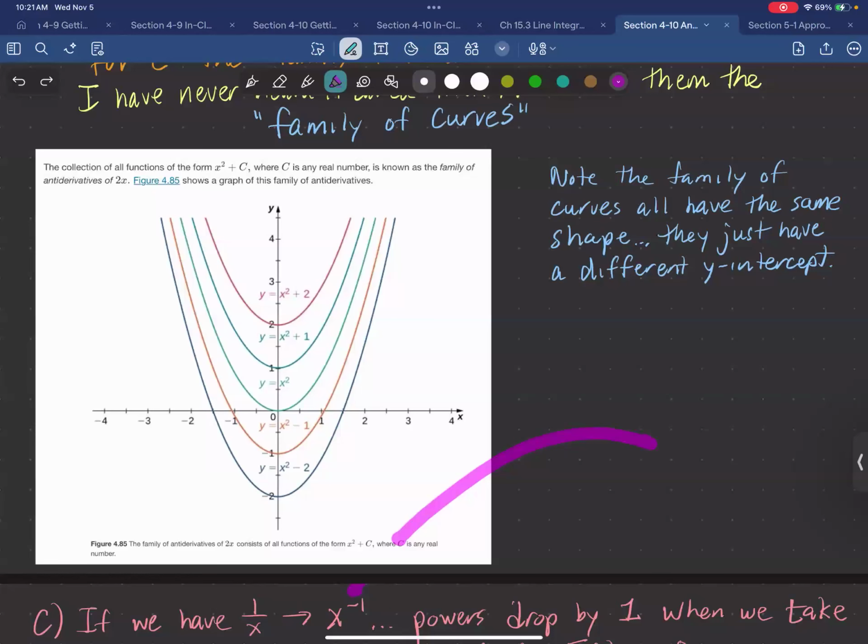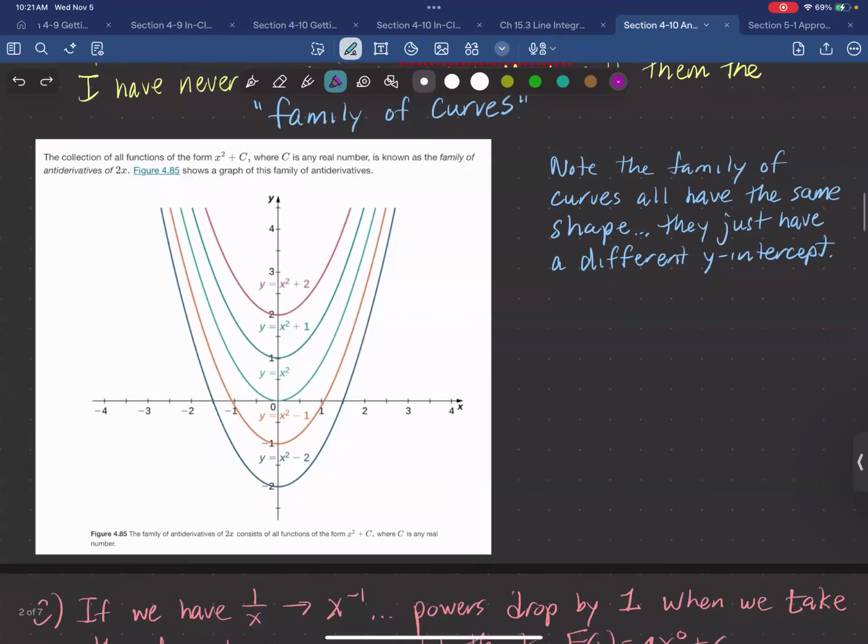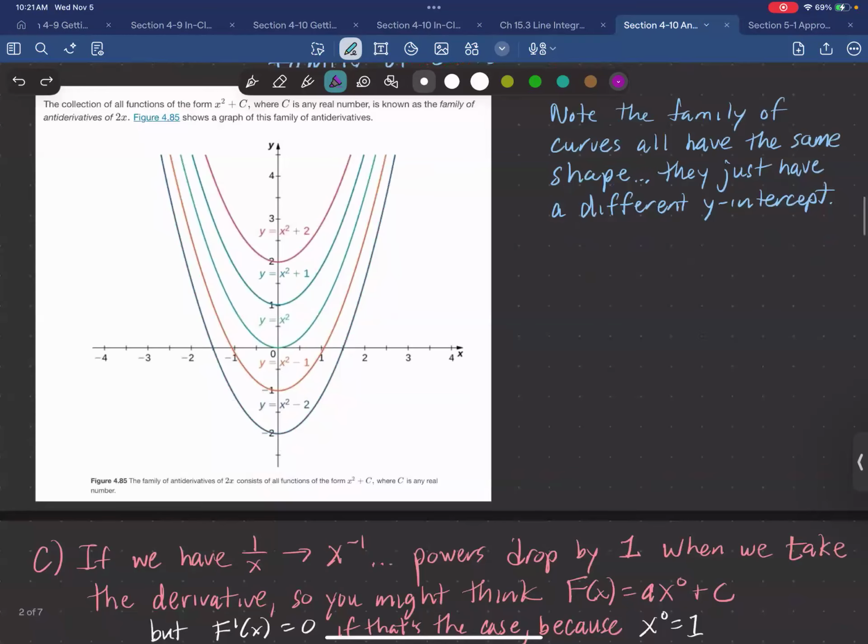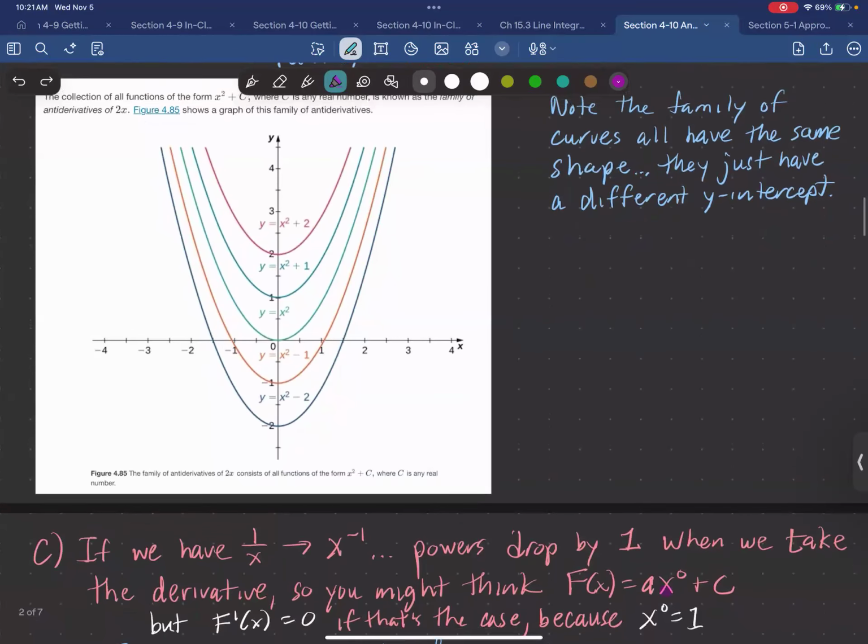So I would have had ax to the 0 plus c. But note if I take the derivative of that, I get 0. 0 is not 1 over x. Not the same. And the reason why is x to the 0 is 1. So I've really just made this a constant. So apparently ax to the 0 is not the antiderivative of 1 over x.